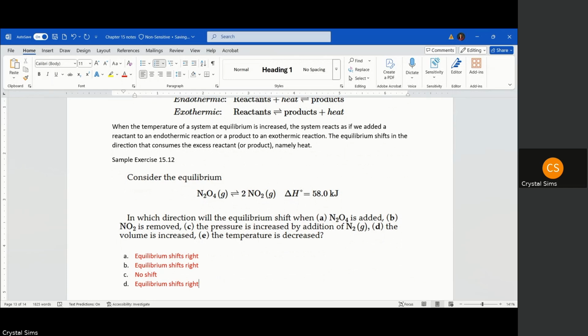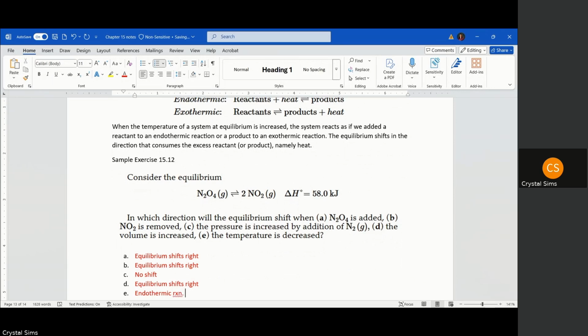So we know from our delta H here, with it being a positive number, that this is endothermic. Just based on what we were given in the original problem, we know that this is an endothermic reaction because delta H is positive.